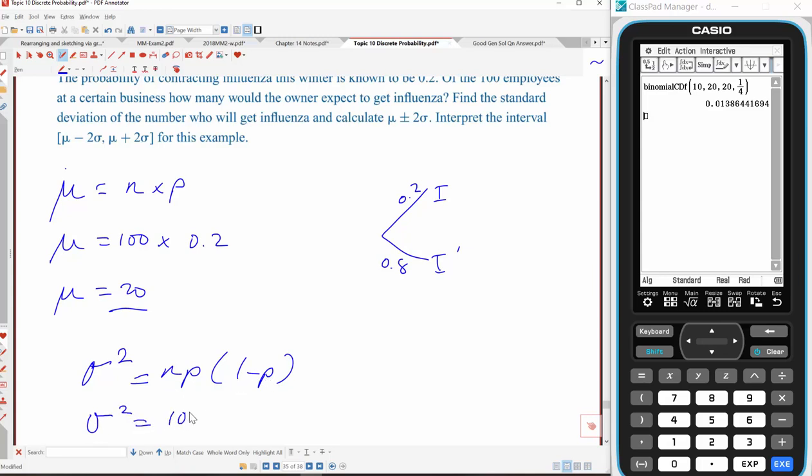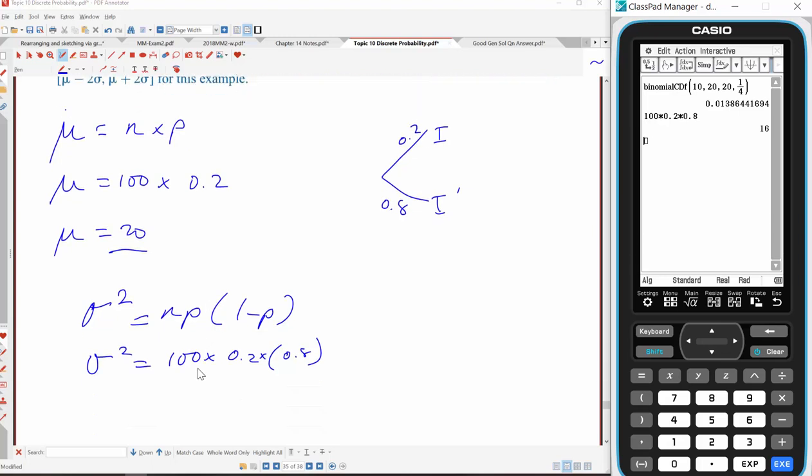So we've got 100 times 0.2 times 0.8. So we'll put that into our calculator: 100 multiplied by 0.2 multiplied by 0.8, which is 16. So our variance is 16.